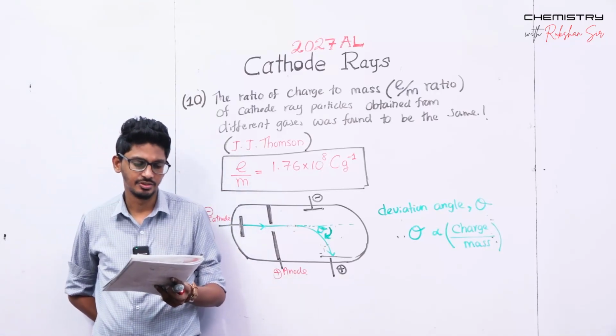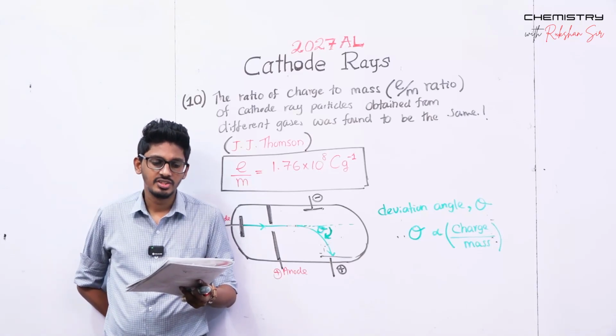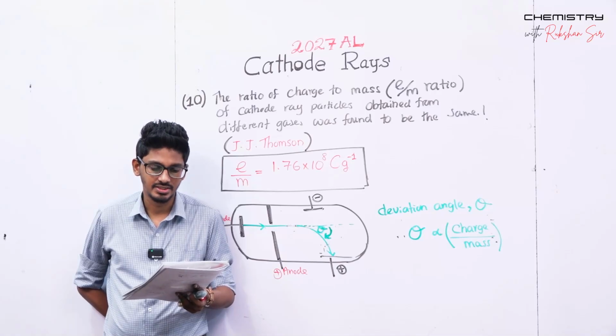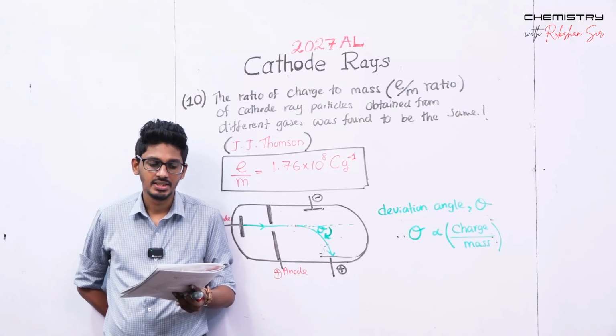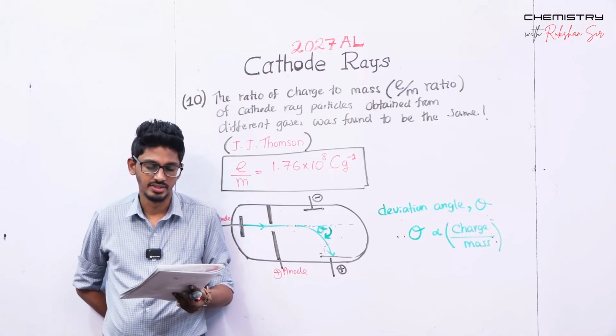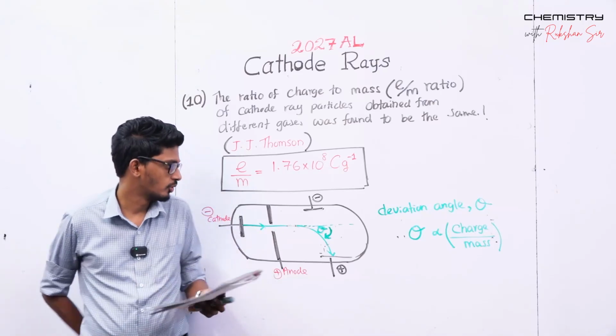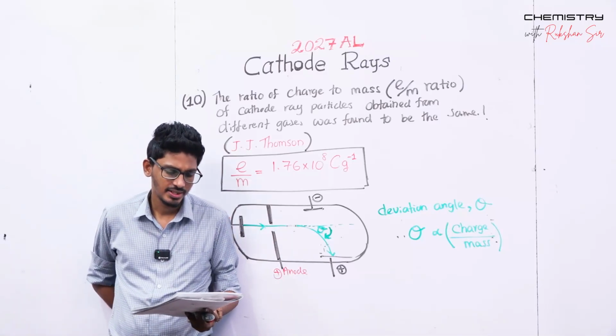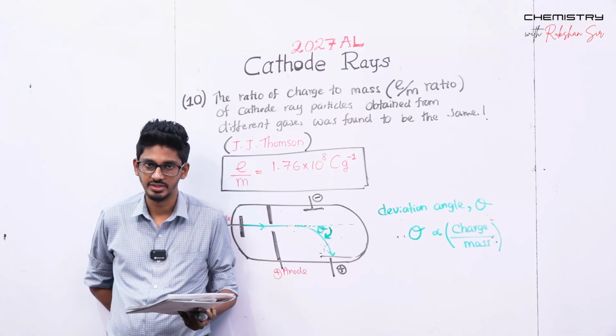Roman number 1, just write: cathode rays generated from all the matter contain a beam of negatively charged particles which are identical. That is the idea. From all the metals, from all the gases, you produce the same cathode rays.